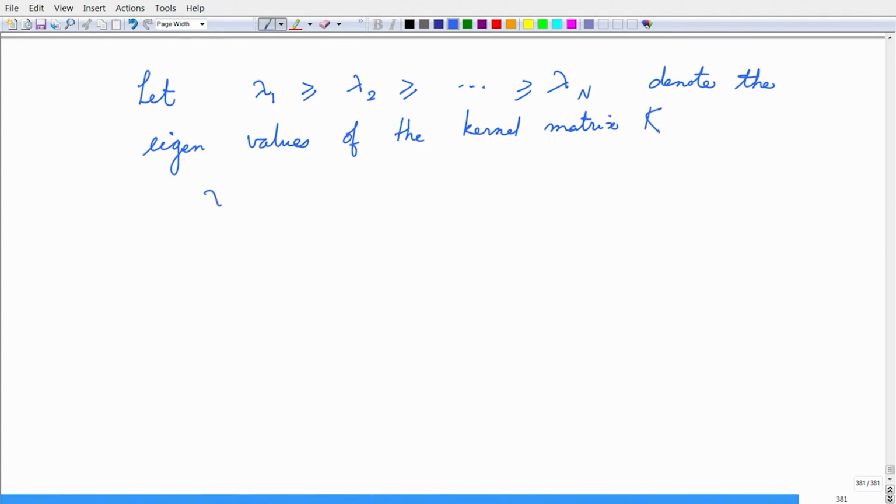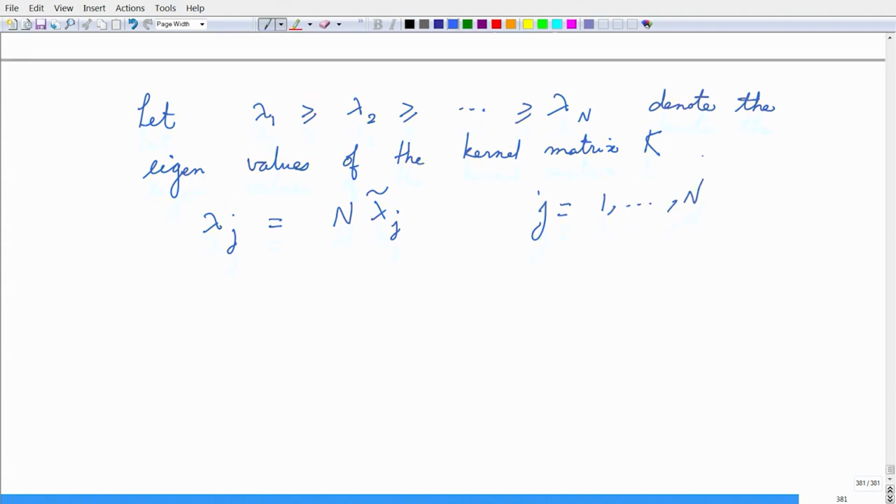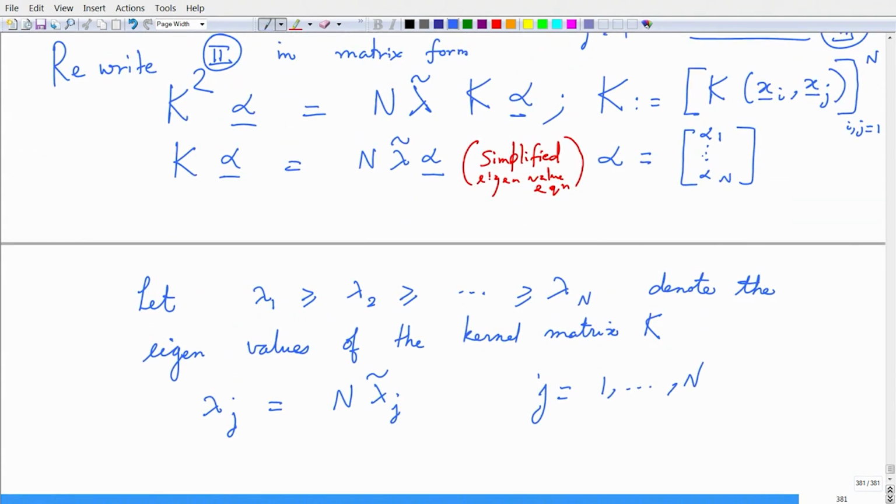Now, I set lambda j to be capital N times lambda j tilde for j equals 1 through N. So, you can see this equation here, right.